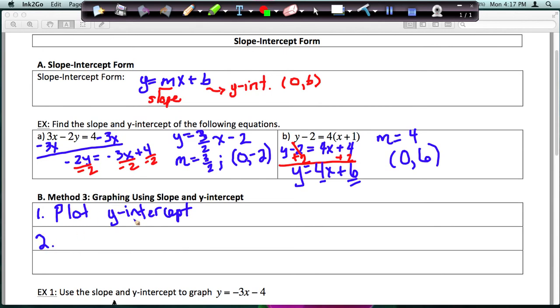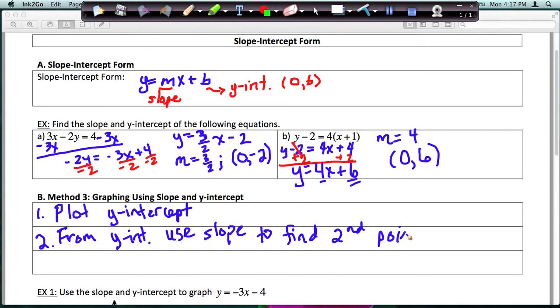Once you've plotted the y-intercept, from the y-intercept, use the slope to find the second point. And now you have 2 points, so draw a line between these 2 points.